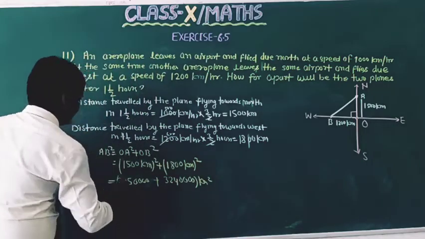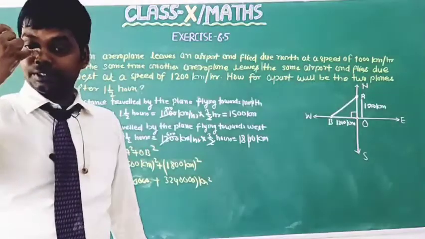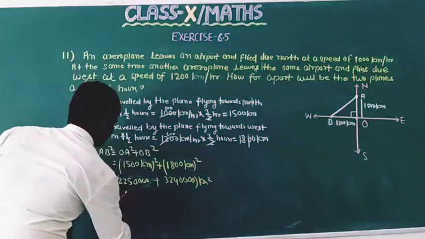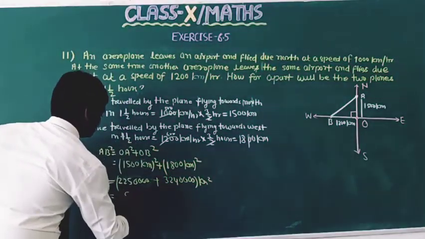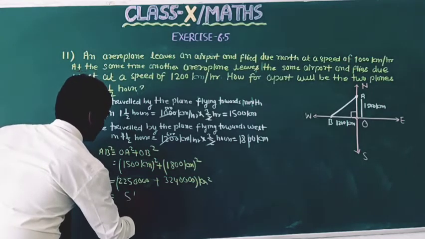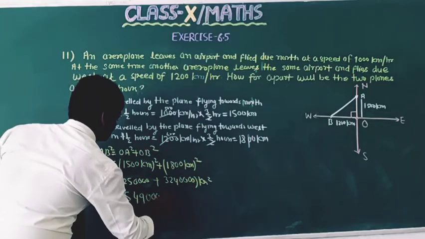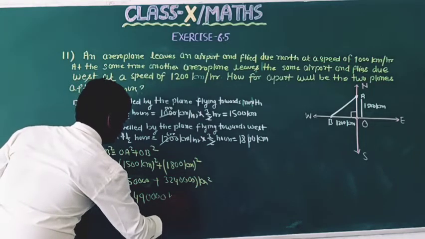Okay, now get it. So we will get 5490000 kilometer square.